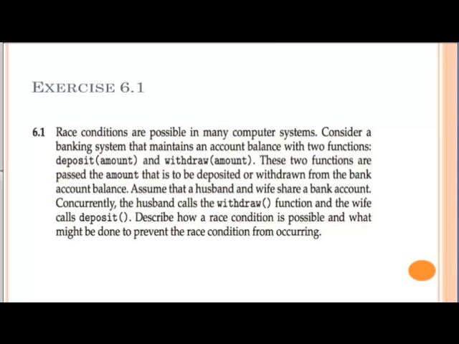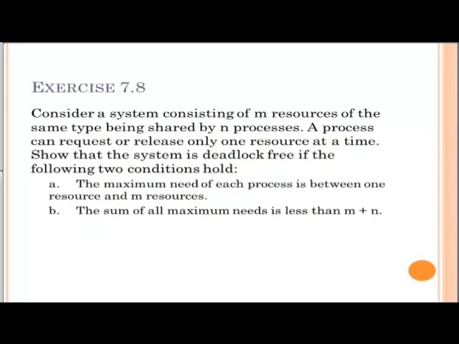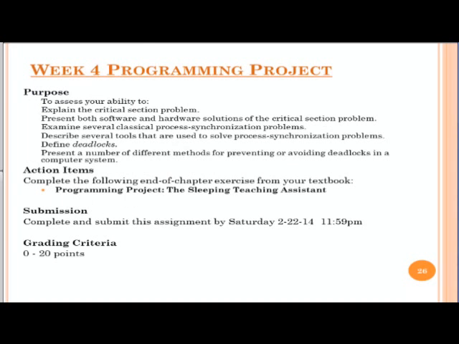This is the 6.1 question. It's referring to race conditions. And then this one is looking at deadlocks. Chapter 7 is about deadlocks. Chapter 6 is about synchronization.